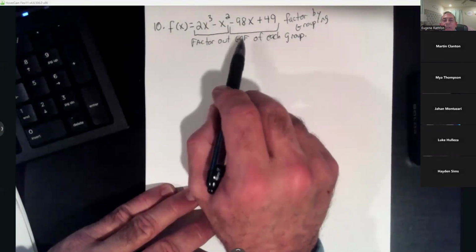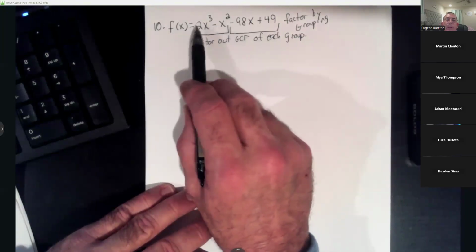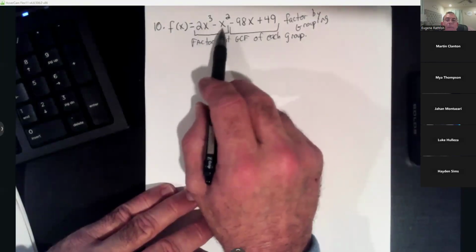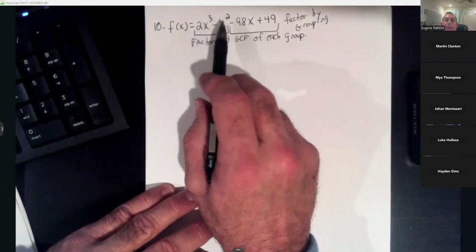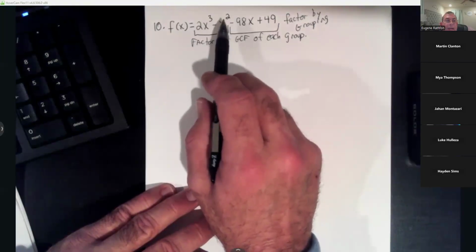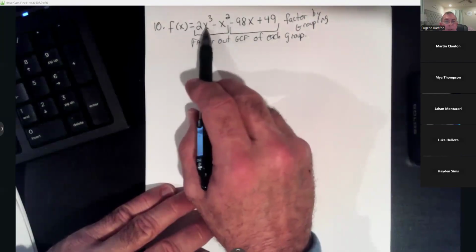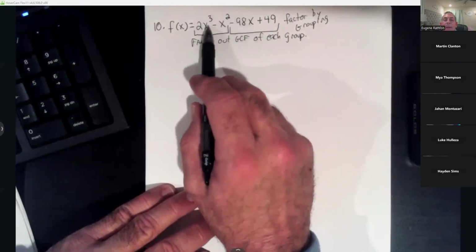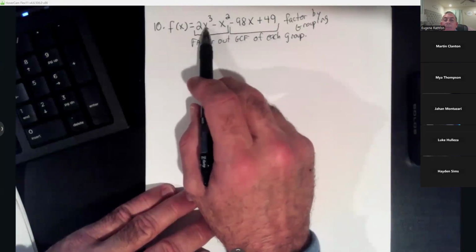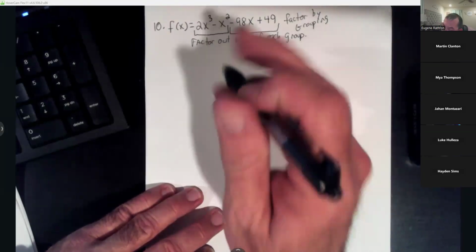What is their GCF? On this one, I'm not going to go with the numbers because I got variables that are common. You got an x cubed here, x times x times x. You got an x squared here, x times x. So the most they have in common would be x squared. Since I'm looking at the variables, the GCF is the smallest exponent, which is the x squared.